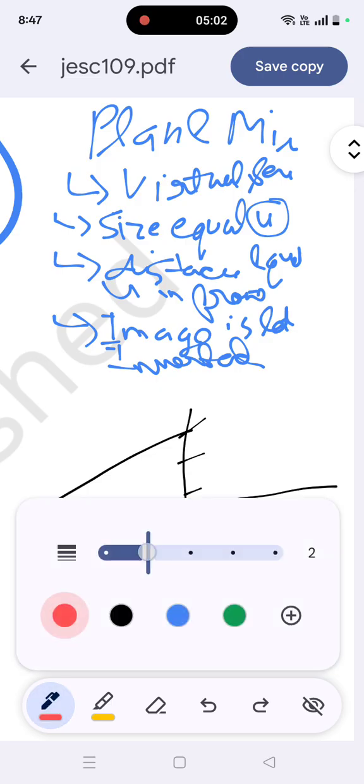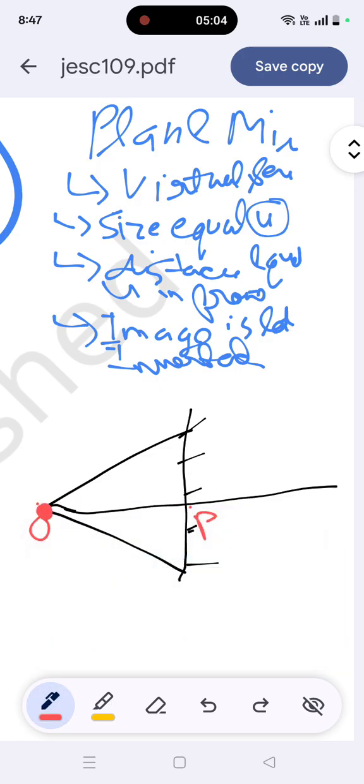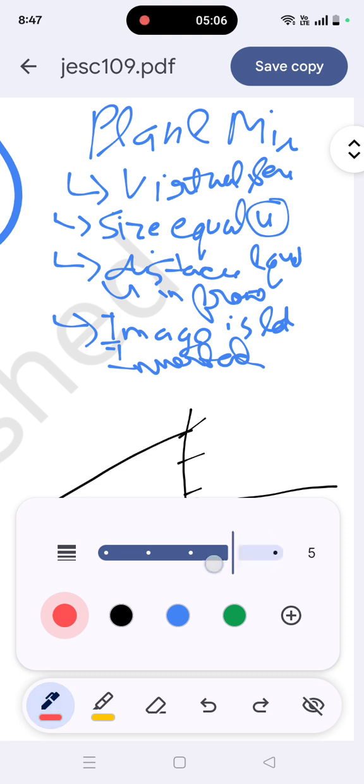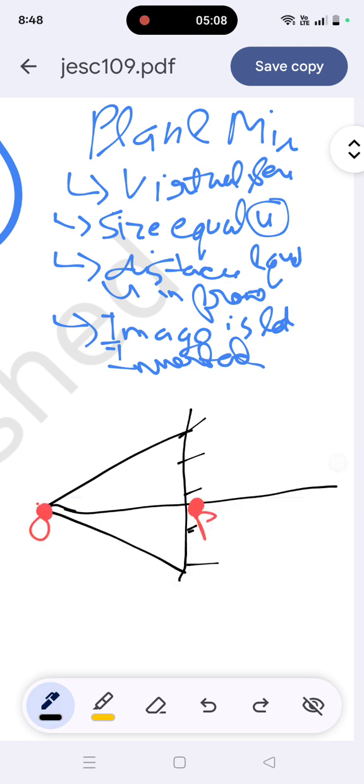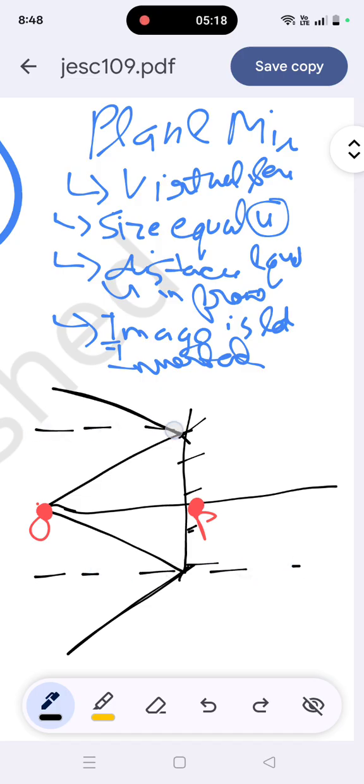This is the object, this is the pole of the mirror. Now it will reflect back in this way, forming angle of incidence and angle of reflection. This is incident, this is reflection, and this is incident, this is reflection.